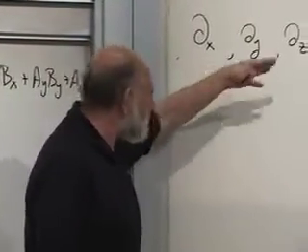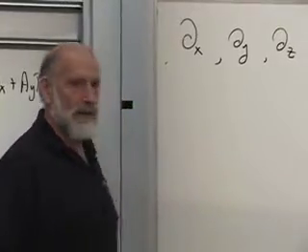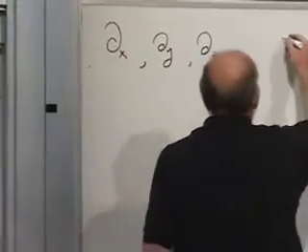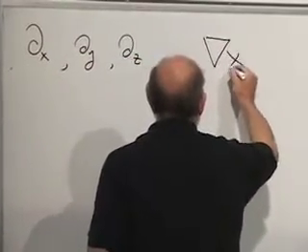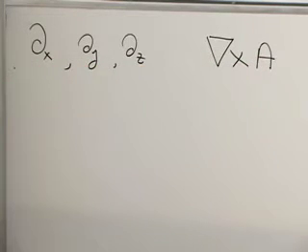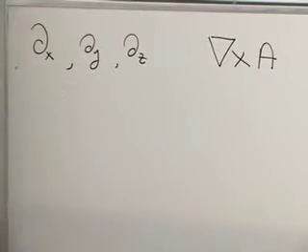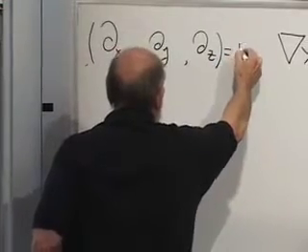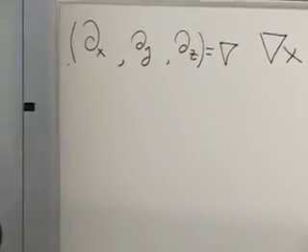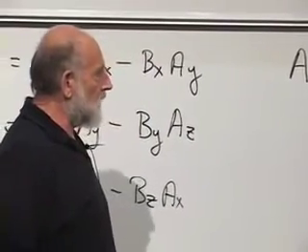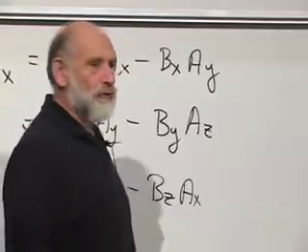They're the three components of a derivative. But just pretend that they're the three components of a vector, called the vector del. Del is just a shorthand for upside down triangle.